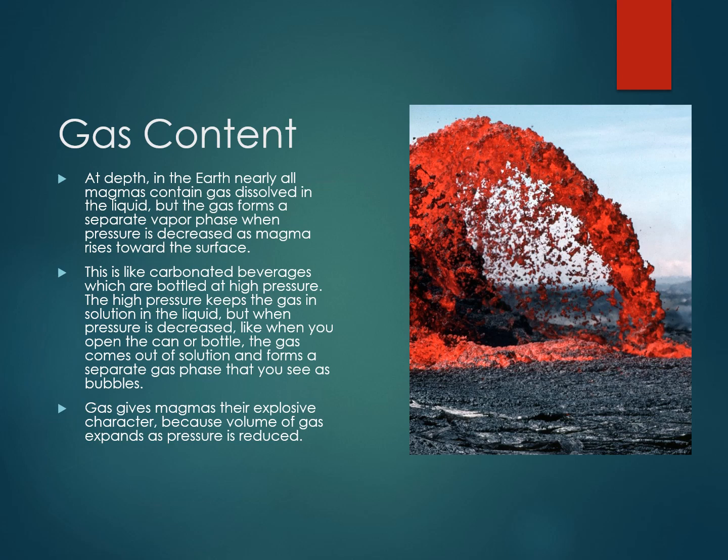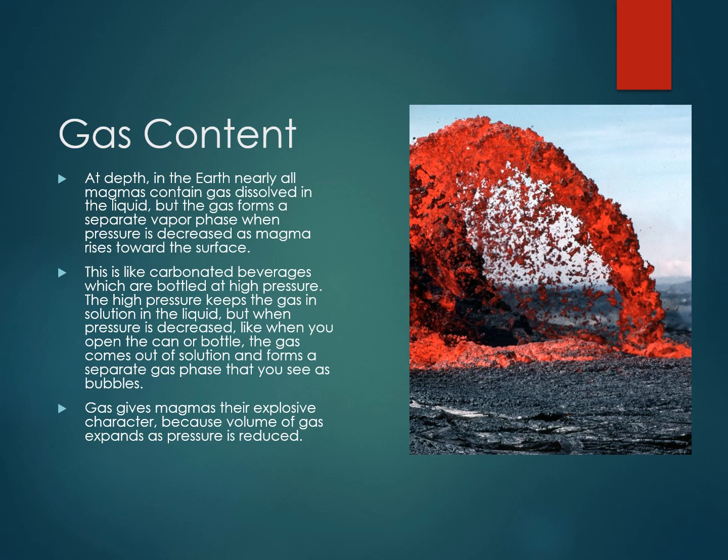At depth in the Earth, nearly all magmas contain gas dissolved in the liquid, but the gas forms a separate vapor phase when pressure is decreased as magma rises toward the surface. This is like carbonated beverages, which are bottled at high pressure.